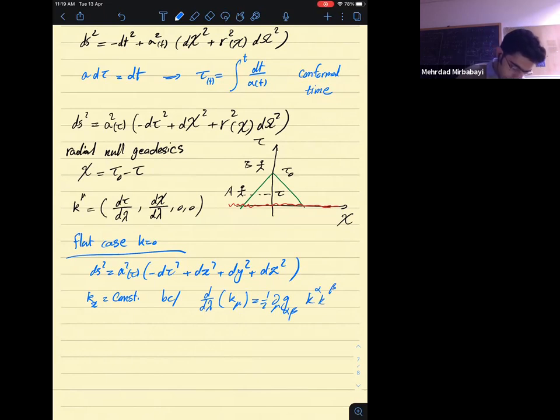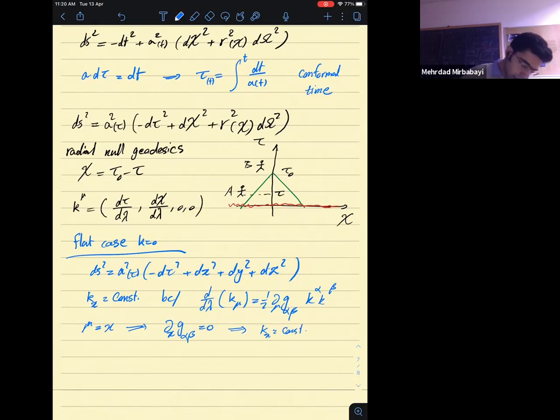But if we choose mu to be x, then dx of g alpha beta is equal to 0, as you can see from here, there is no x dependence. And then we conclude from here that kx is constant.